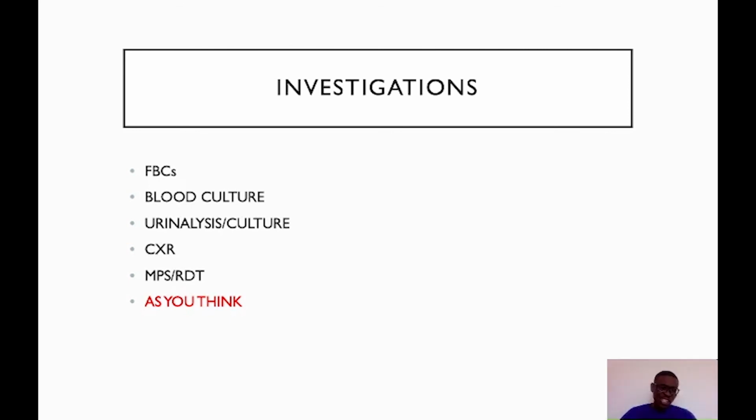You can do a full blood count, blood culture, urine analysis, chest x-ray, and you can do an RDT. But as you are doing all those things, remember this thing that I've put in red. Remember to do what? To think, okay? You should be thinking, could this be an environmental cause? Could it be an aircon cause? Or could it be a house? Always think in those lines as you're approaching your patients with a fever.